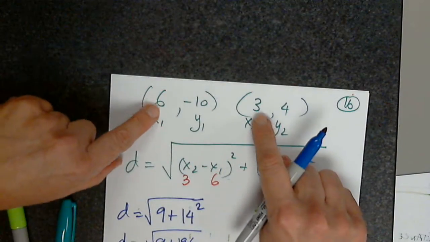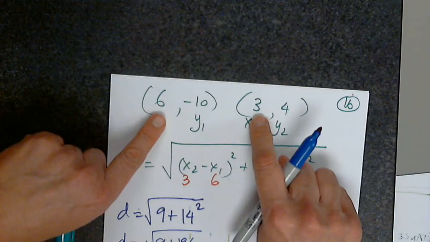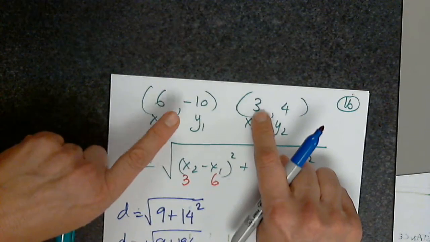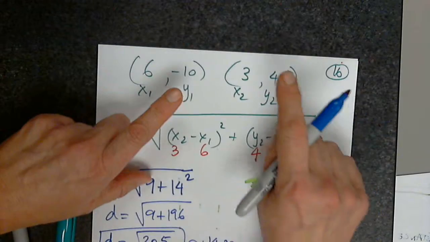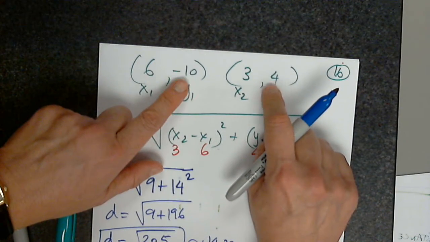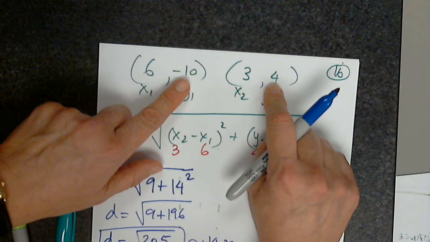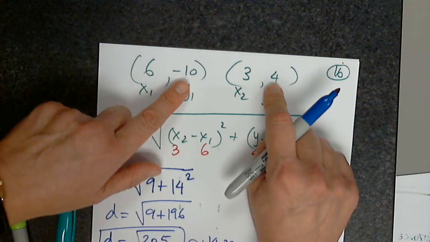Now the midpoint. Can anyone add those two x values for us? 9. 9 divided by 2. Perfect. Can anyone add these two numbers for us? Negative 6 divided by 2.